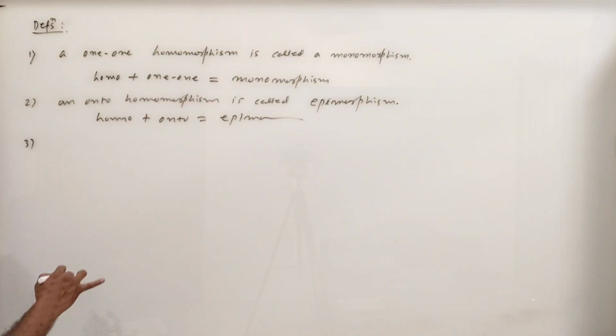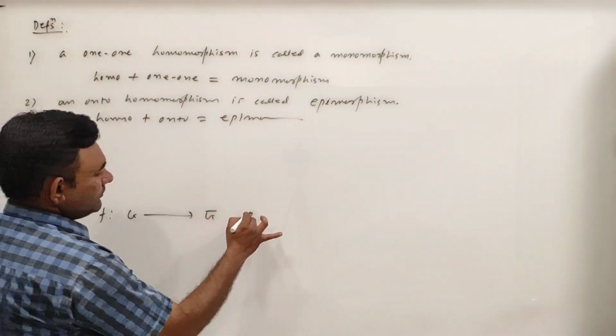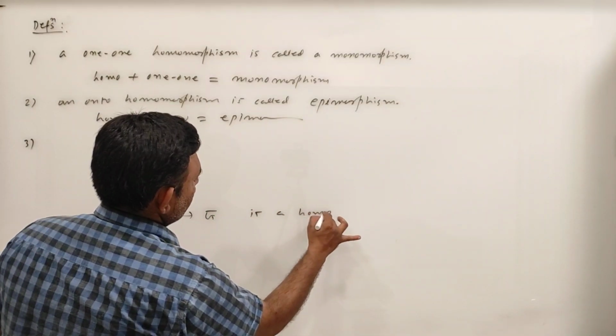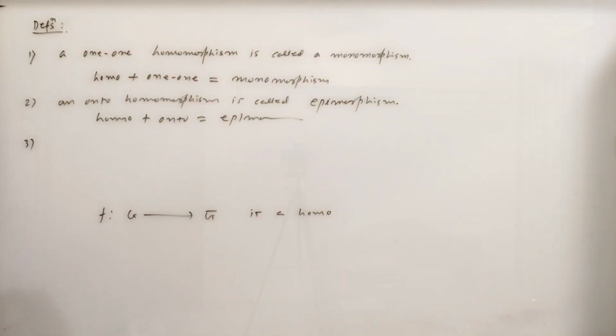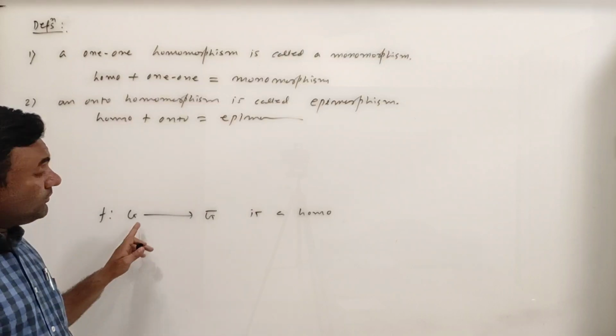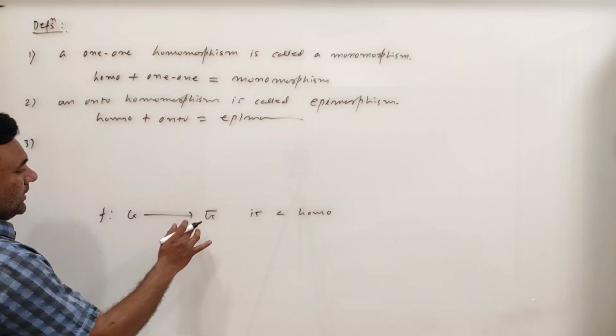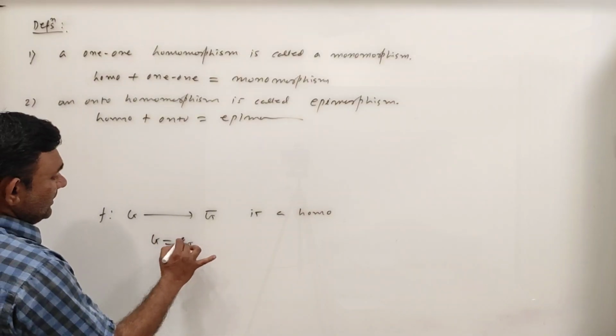Now suppose I have a homomorphism, say F is a mapping from G to G bar that is a homomorphism, right? Here G and G bar may be different groups with different binary operations, and it may happen that G and G bar are the same.